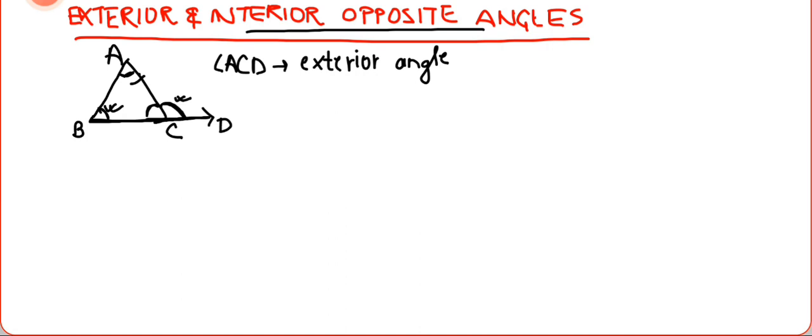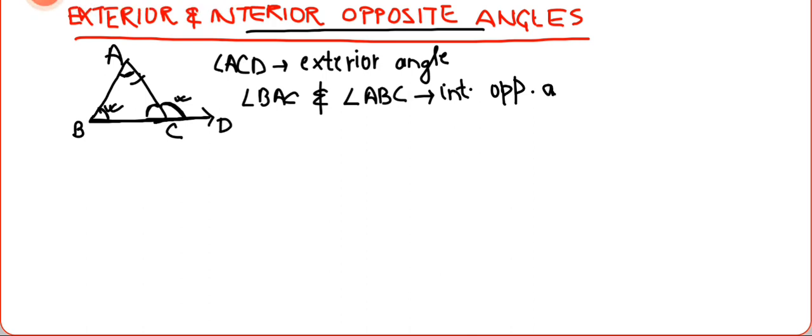The opposite interior angles are angle BAC and angle ABC. These are the interior opposite angles, and they are opposite to the exterior angle that we have considered in this figure, that is ACD.